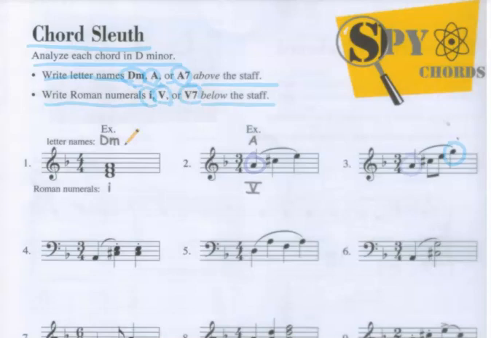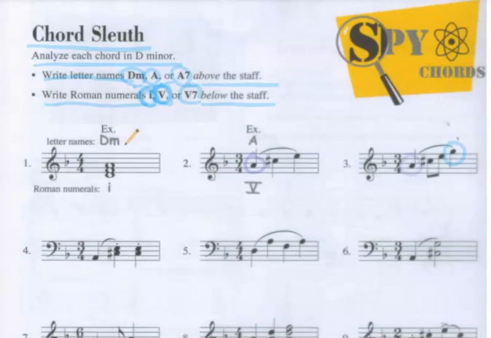So in Roman numeral, we have uppercase and lowercase, just like English letters. So this 1 is lowercase 1 because this is minor key. In case of minor key, we use lowercase. And then for the major keys or chords, we use uppercase. Okay. So let's get started.